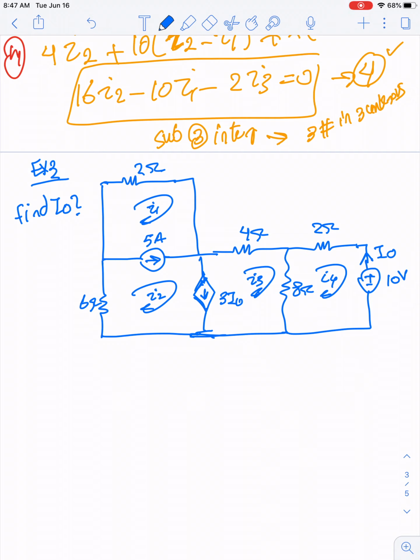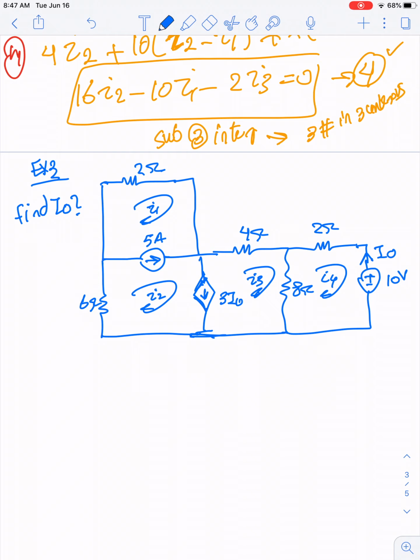This circuit contains 4 different meshes, and we are already given I1, I2, I3, I4. So already the number of meshes are identified, so we need to reduce this number of meshes.